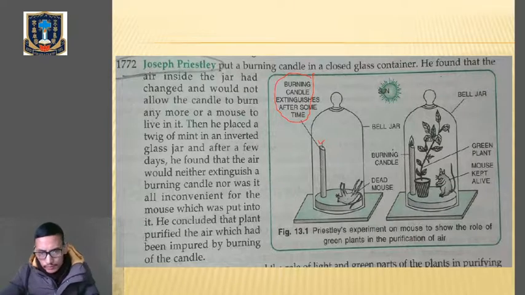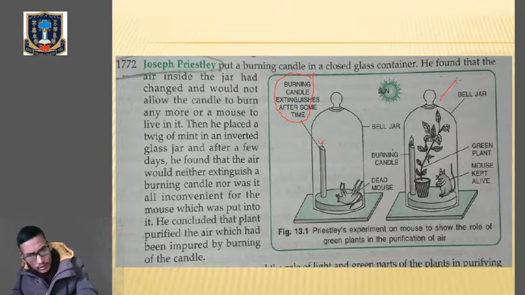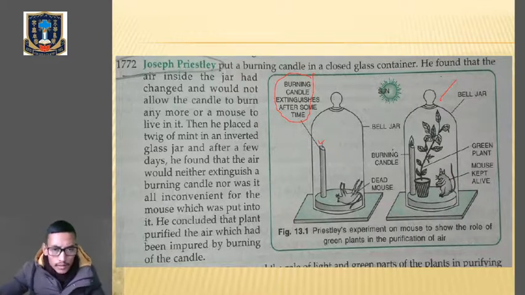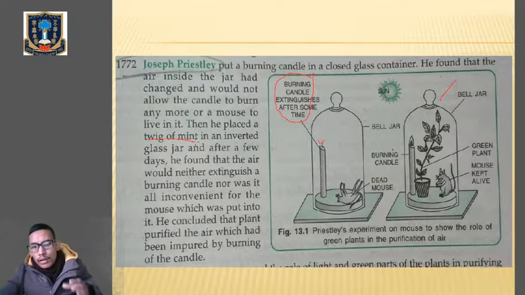But in the second experiment, he put the burning candle and the mouse inside the glass container, but he also placed a twig of mint in that glass jar. Now you observe that the air would neither extinguish a burning candle, nor was it inconvenient for the mouse which was put into it.